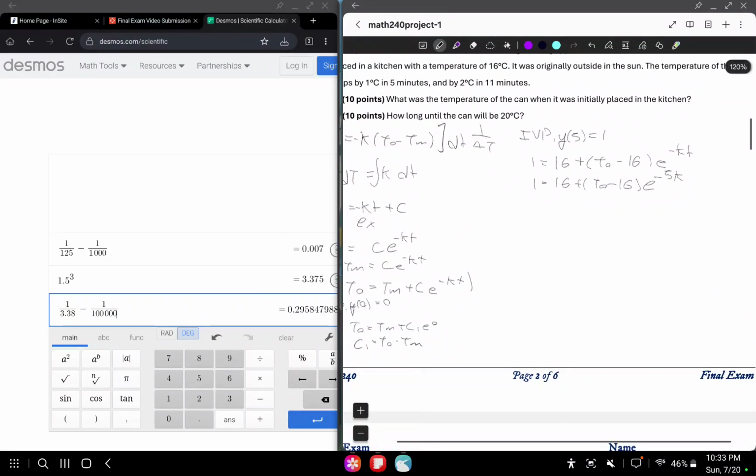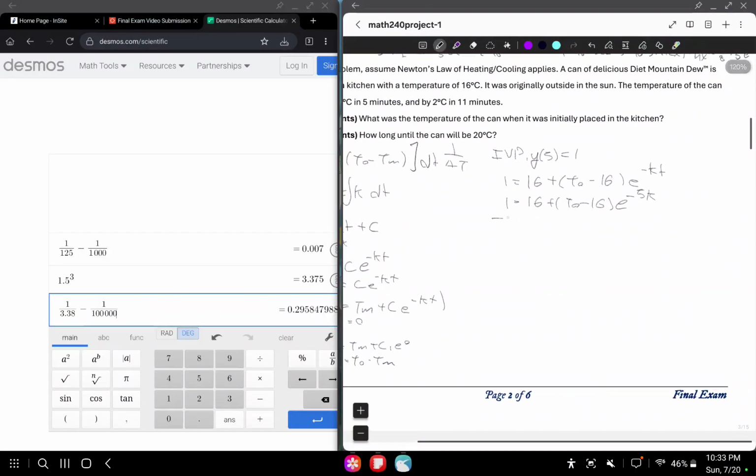And for the second IVP, T(11) equals T0 minus 2.